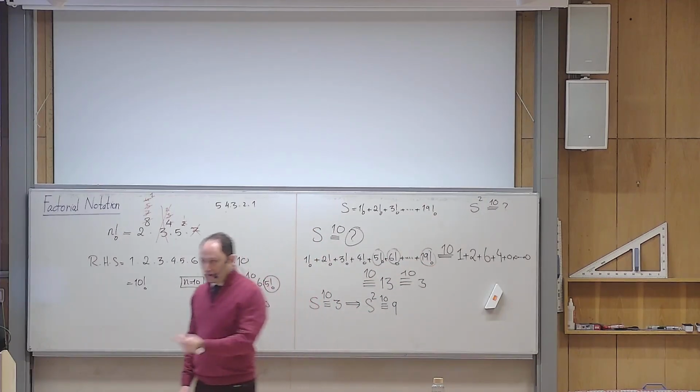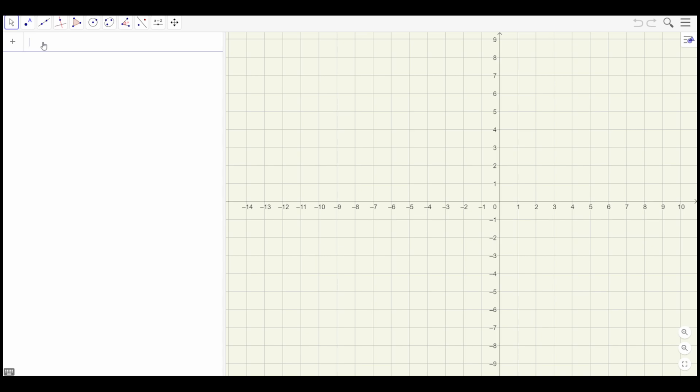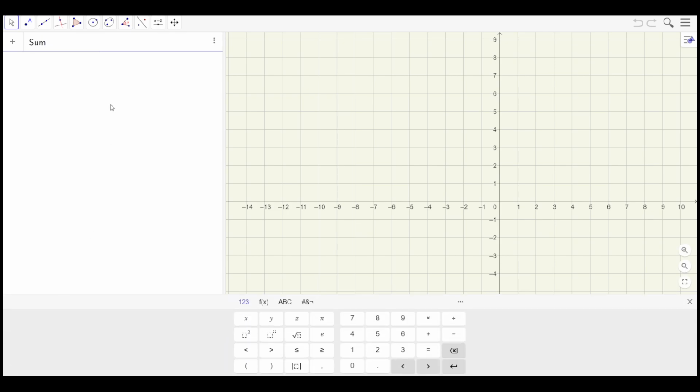By the way, it's a good idea to see if we can check this using GeoGebra. It's good to know. So we start with Sum. I don't know if there is... okay, I have this keyboard here. Okay, I write the sum, and you want to write 1 factorial plus 2 factorial plus 3 factorial up to 19 factorial.